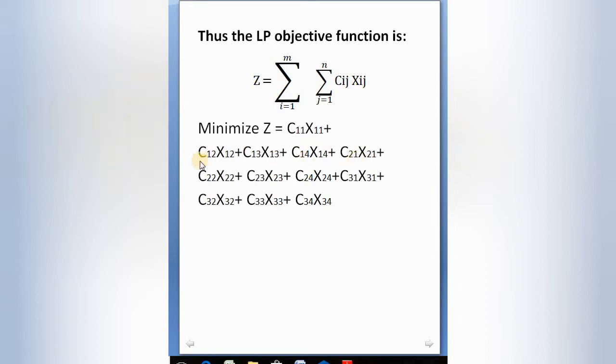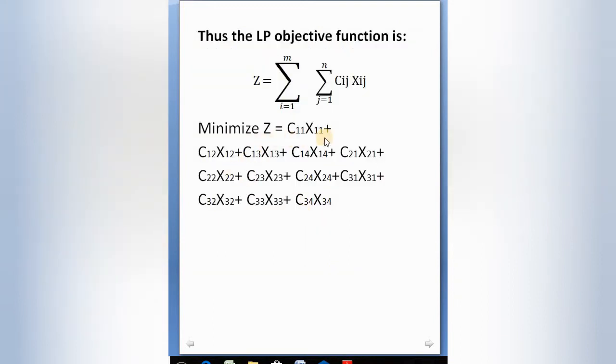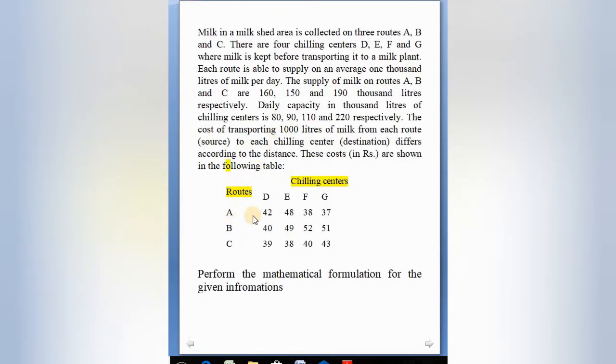So this is about the first constraint. As you know, for A you have formulated C11 X11, C12 X12, C13 X13, C14 X14. There are three source variables and four constraints.